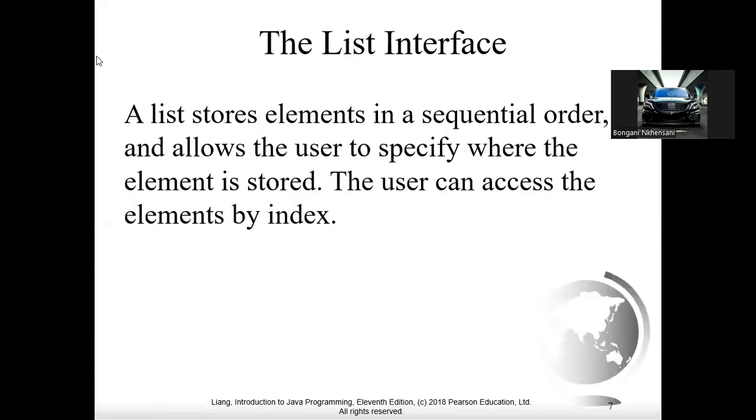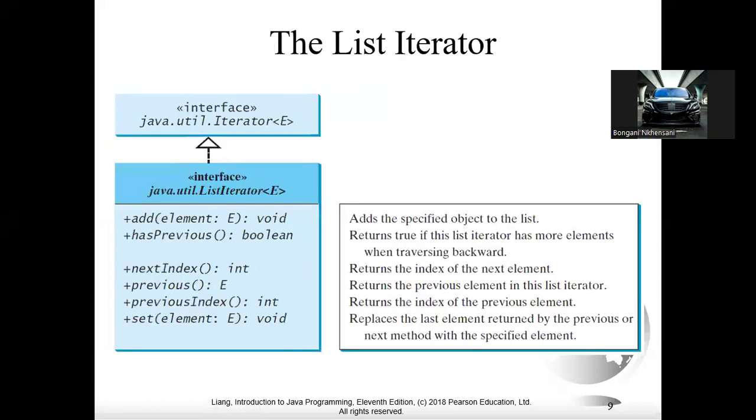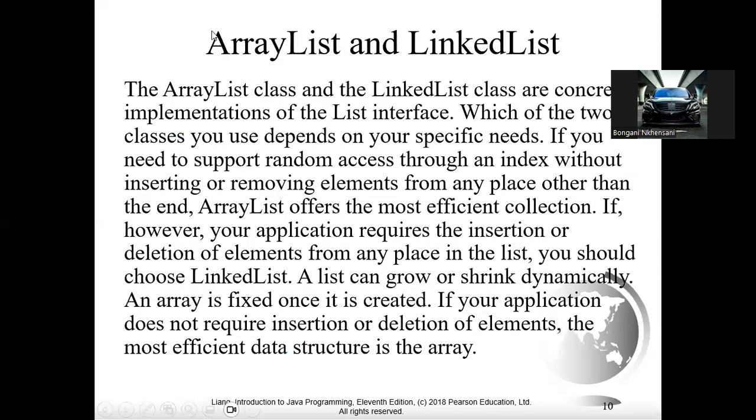Here they say a list stores elements in sequential order and allows the user to specify where the element is stored. The user can access the element by index. Okay, we have what we call the list iterator. Yes, this is what I was talking about, the array list and linked list. So they are saying the array list offers the most efficient collection.